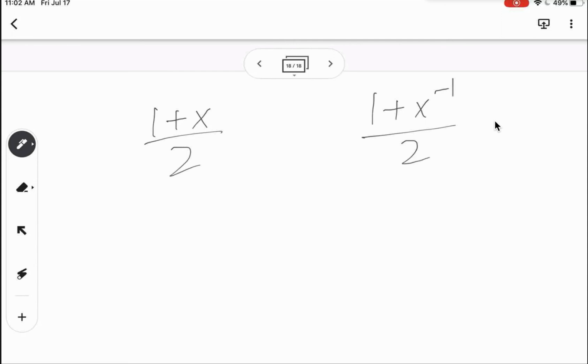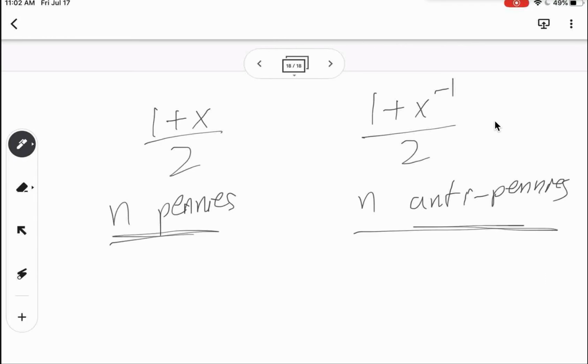And what happens if you have n pennies and n anti-pennies? So first of all, what would the generating functions look like? Oh yeah, so to clarify, we would flip all n pennies and all n anti-pennies, and we would add the number of heads together.